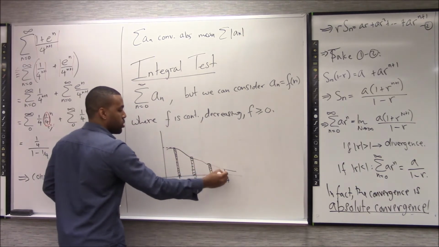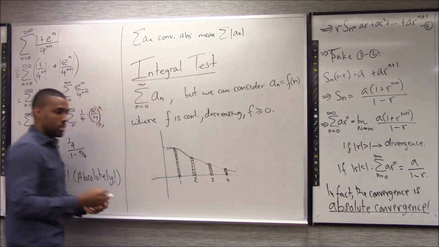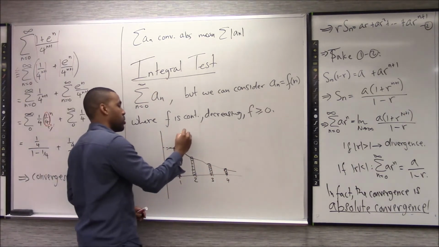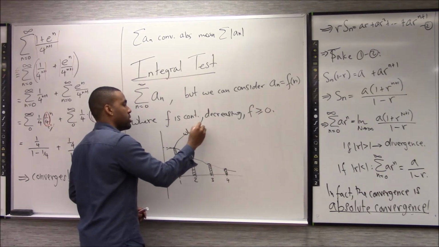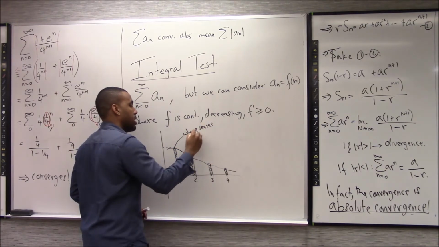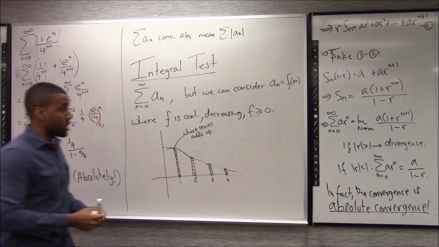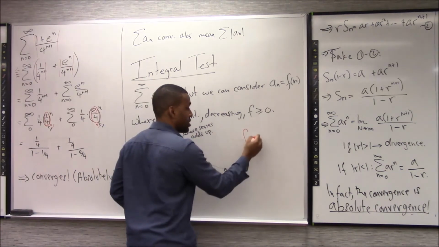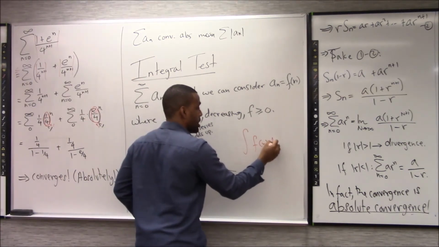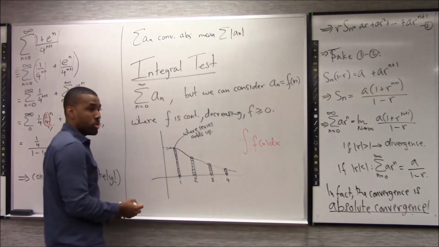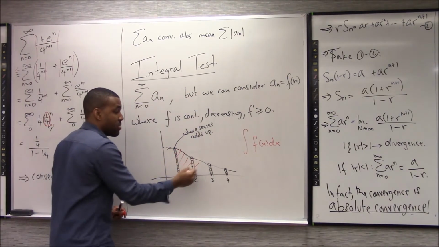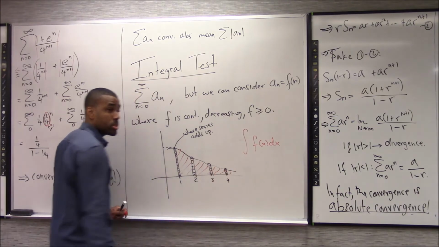So the series really only works on the integers. But if you were to consider the integral of, say, f of x, what would that compute? That will compute literally everything. It would even fill in all the gaps.